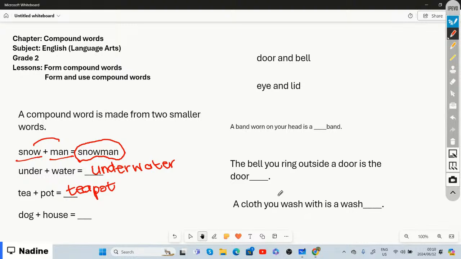Dog plus house, we can say it is doghouse. It's like a kennel. It is a house for a dog. Yes, well done. Doghouse.